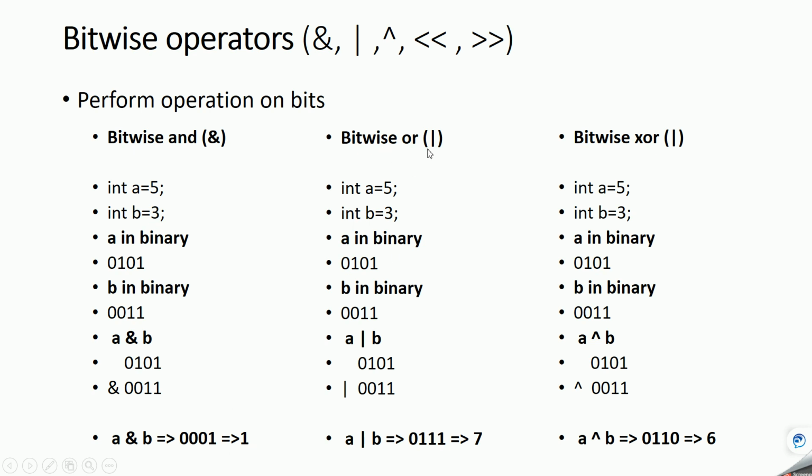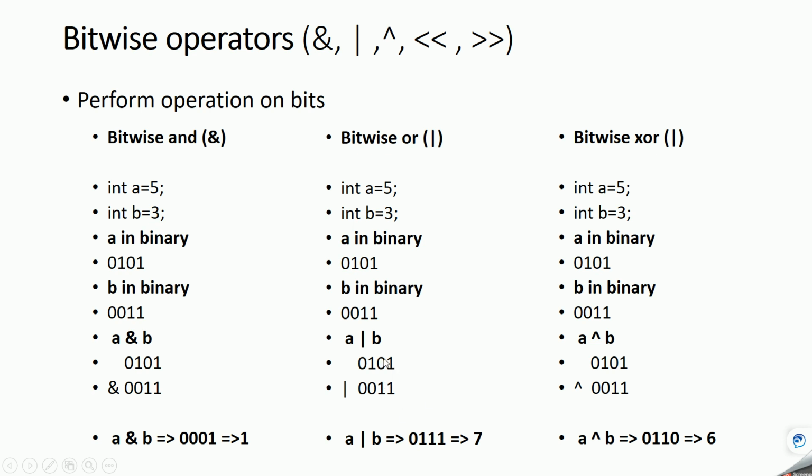Similarly, bitwise OR means if one of the bits is 1, then it will be 1. If both bits are 0, then it will become 0, otherwise it is 1. In this case, a in binary is this, and b in binary is this. If you perform bitwise OR, you can see that where both are 1, the result is 1.